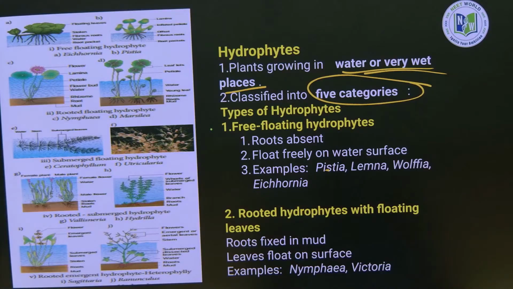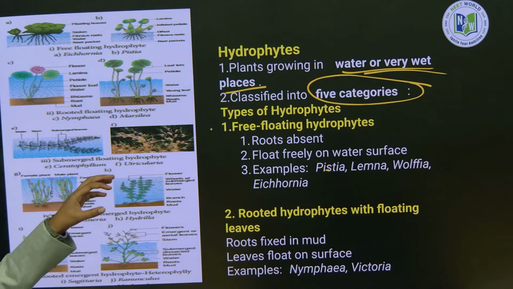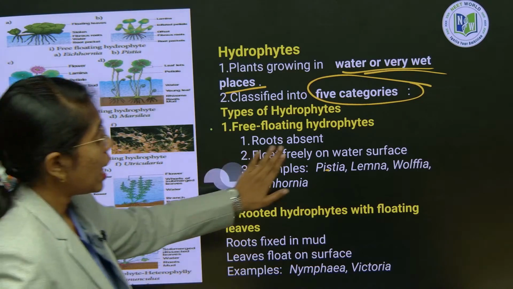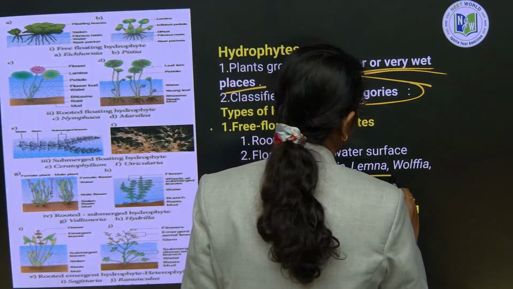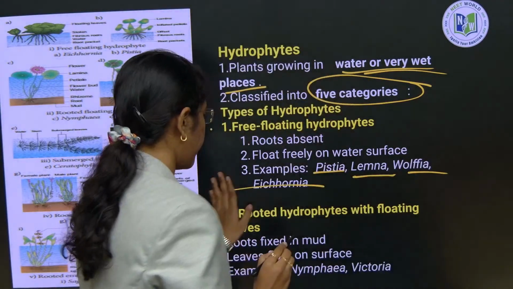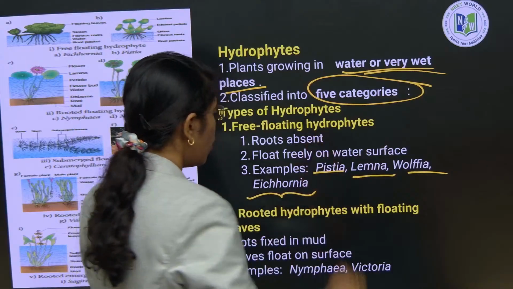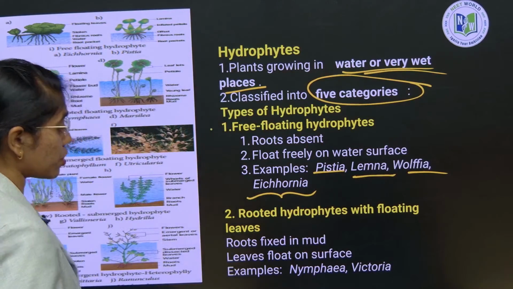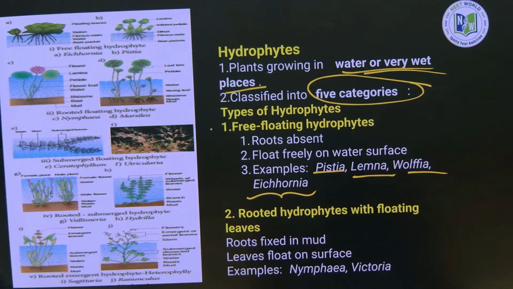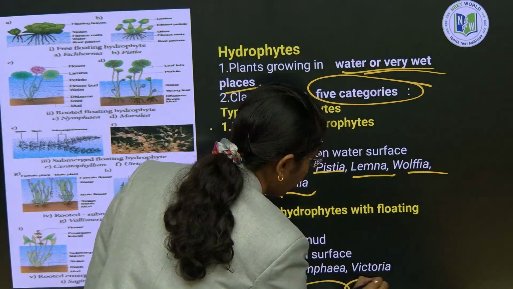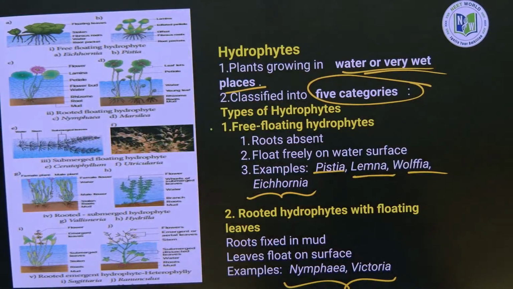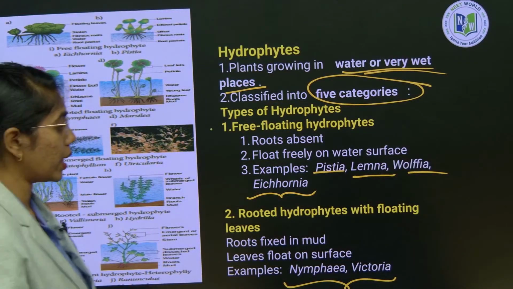Free floating hydrophytes, where roots are absent, float freely on the water surface. Examples include Pistia, Lemna, Wolffia and Eichhornia. And rooted hydrophytes with floating leaves: roots are fixed in mud, leaves float on the surface. Examples include Nymphaea and Victoria. These are the examples of rooted hydrophytes with floating leaves.